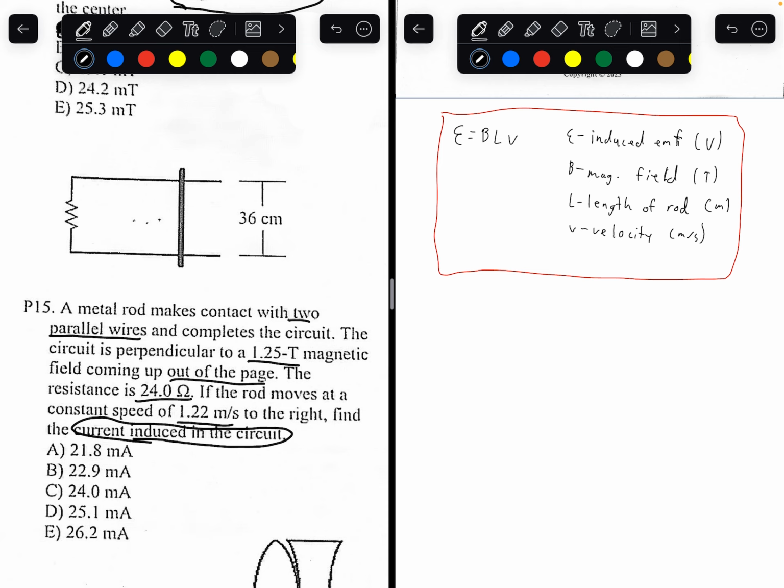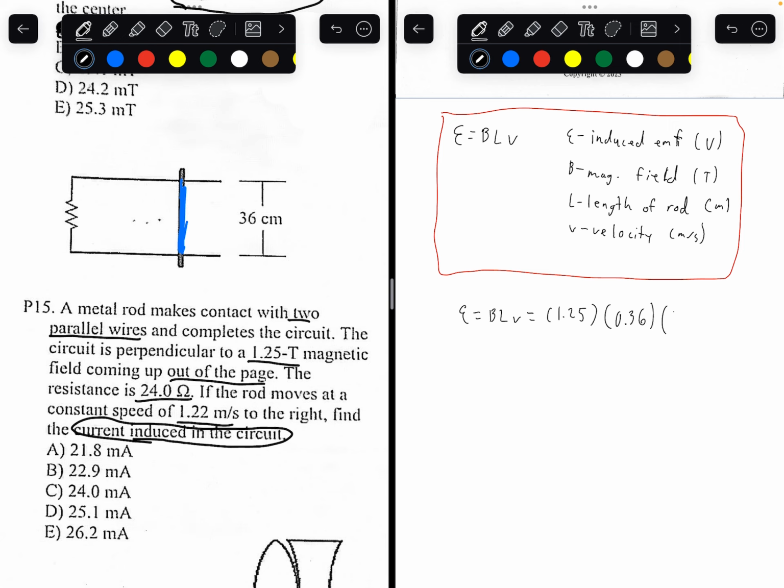So this is what you need. Do we have everything? Do we have the induced EMF? Do we have magnetic field? Do we have the length of the rod? And do we have the velocity? The magnetic field is 1.25 Teslas. It's given to us. The length of the rod is, I know you might be thinking of the distance between the wires, but by length of the rod, I mean the part of the rod that's between the wires. That's 36 centimeters or 0.36 meters.